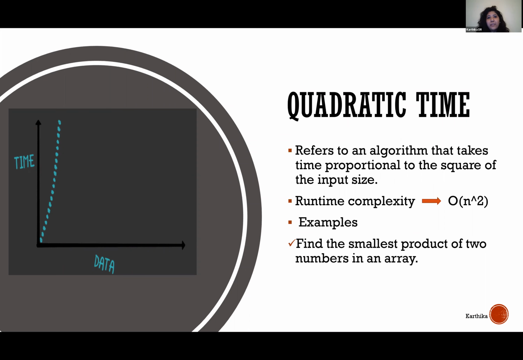So for each element, there will be another for loop running, and that might take the worst case scenario. Big O, as I said, we will always have to denote with the worst case scenario, not the best case one. In the worst case, it might take 25 iterations to find the smallest product of two elements in an array. So this big O notation is represented using O of n square.